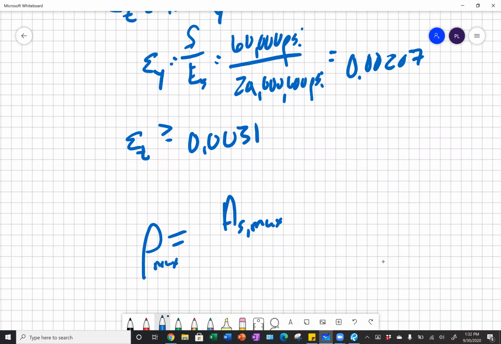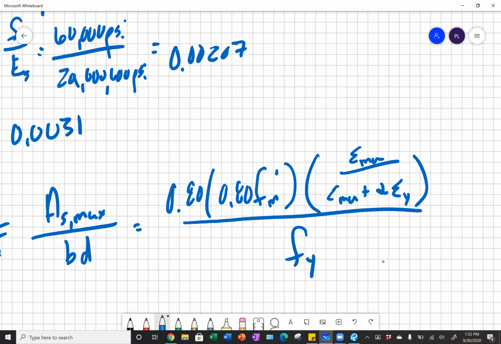And the commentary in TMS 402 tells us it's 0.80 times 0.80 f'm times our strain in our masonry divided by our strain in our masonry plus alpha times our strain at yield in our reinforcement over our yield stress Fy.